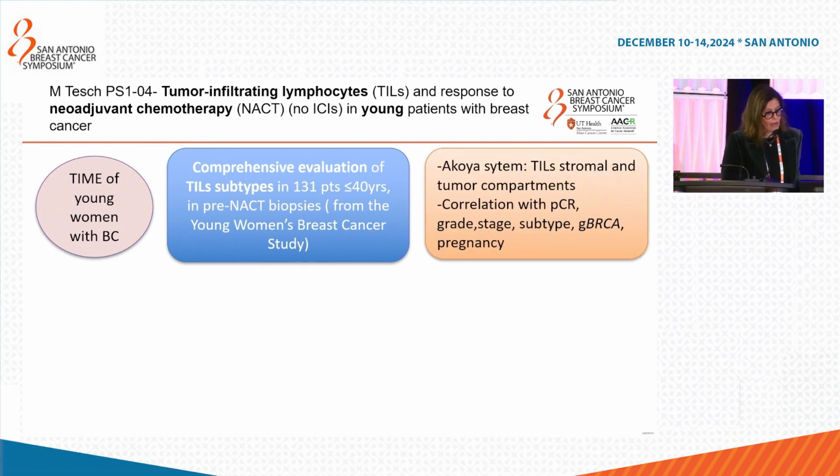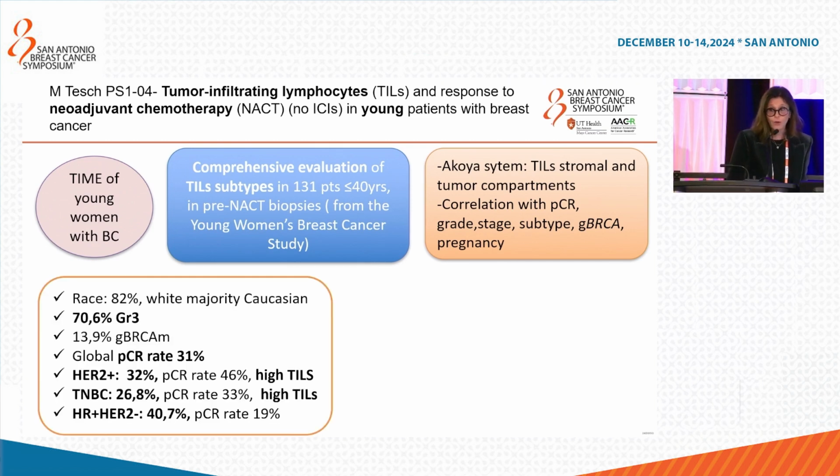They looked at Akoya systems with TIL stromal and tumor compartments, correlation with pCR, grade, stage, subtypes, and germline BRCA and pregnancy. Majority Caucasian, reflecting the aggressivity of the cancer, majority of grade 3, majority of HER2 positive and triple negative breast cancer overrepresented in this young population.